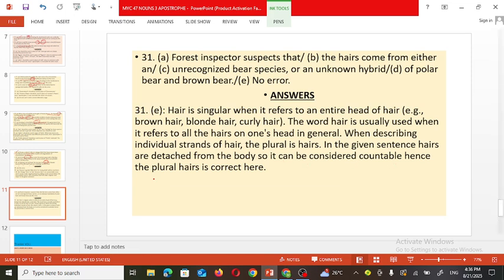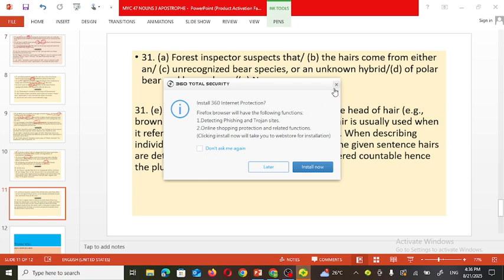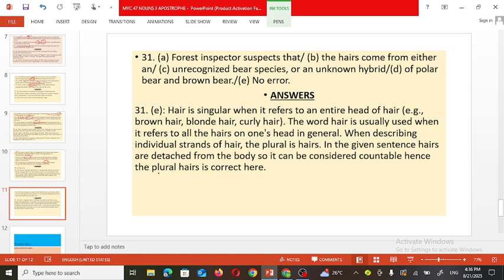Hence, the plural hairs is correct in this regard. Here it is, the hairs came either. So here they are countable, and that's why the use of hairs in this regard is correct.